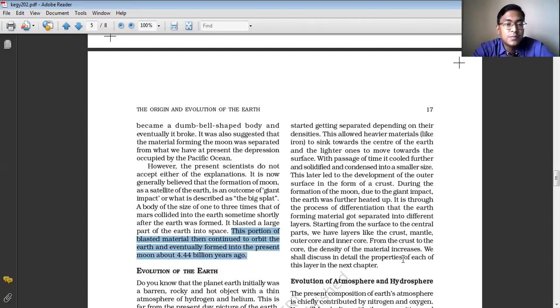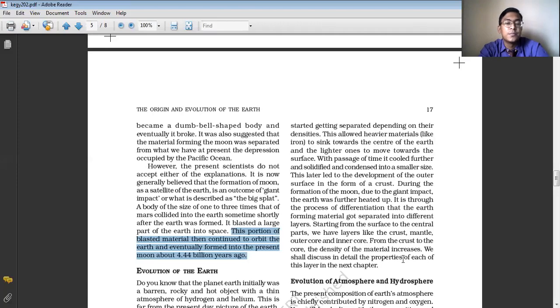So this blasted part of the Earth, the detached part, started orbiting and revolving around the Earth and ultimately led to the formation of the moon around 4.4 billion years ago. This is how the moon, the natural satellite of the Earth, came into existence. There are different theories regarding the formation of the Earth, the universe, the solar system, and the moon.